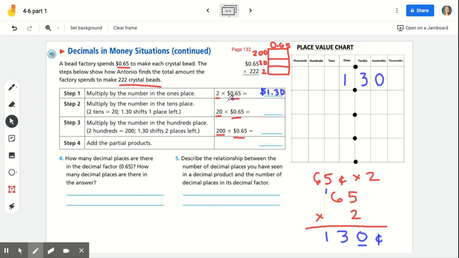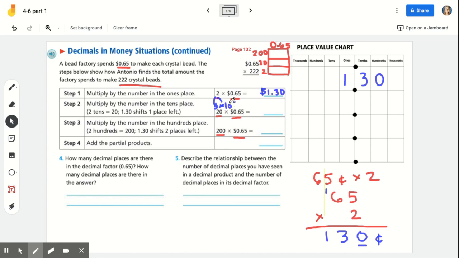And this is what we have learned in previous lessons. We have the same factor here, 65 cents. And what I noticed about 2 and 20, well, 2 is 10 times less than 20. Or in other words, 20 is 10 times as much as 2. So how do we go from 2 to 20? We multiply by 10.